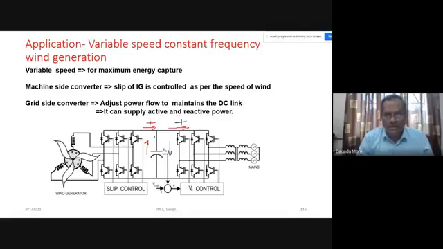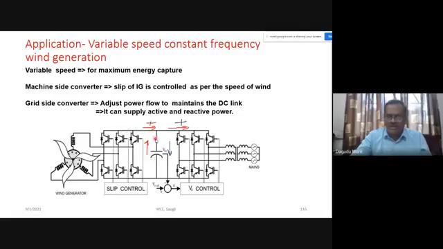When the capacitor voltage is maintained constant, the power coming to the capacitor from the wind turbine and the power going to the grid are equal, so the voltage across the capacitor will be constant.